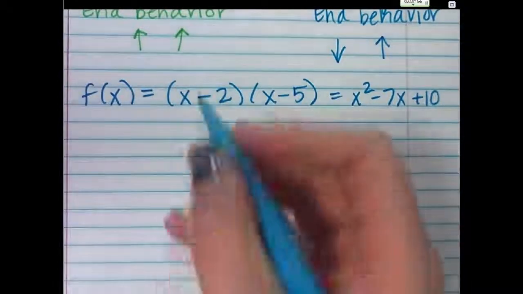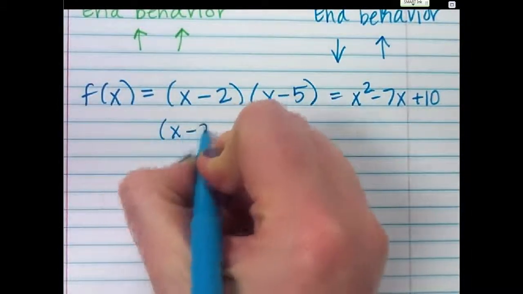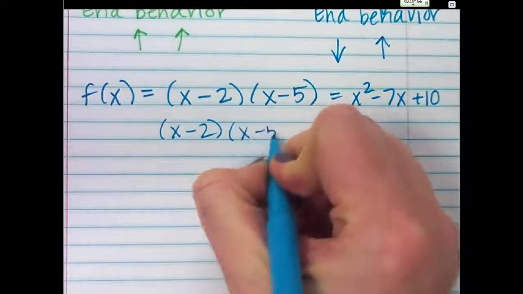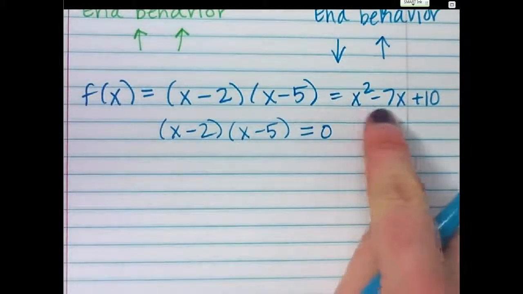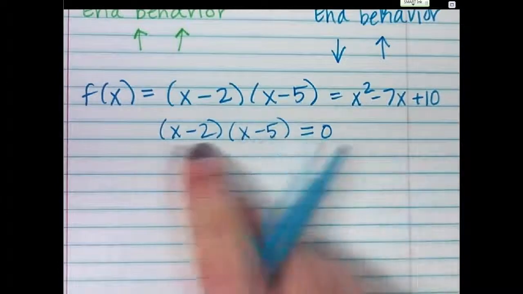So if I gave you this equation, x minus 2, x minus 5, and I set it equal to 0, and I said solve, what would you do? If I multiply this out, I'm going to get this, right? So really, I want to go from here to factor form.